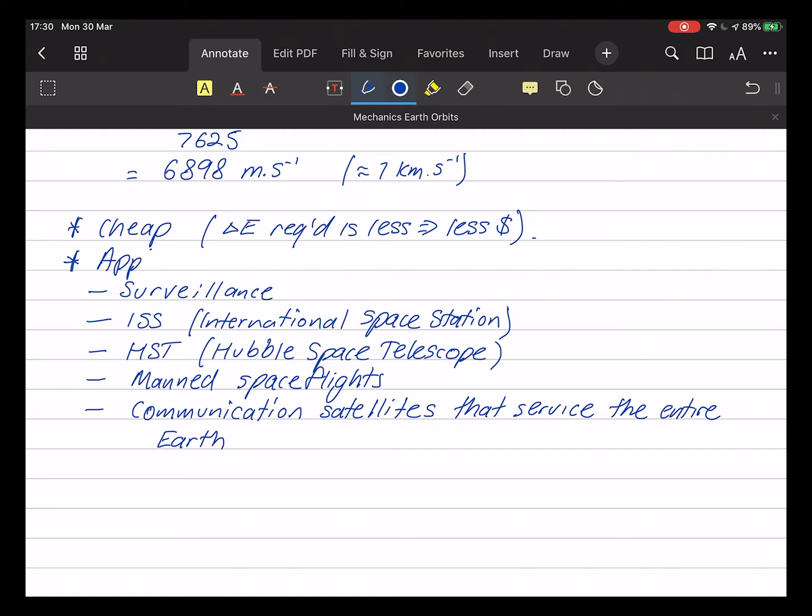So these are all applications. What's bad about it? Well, you're still within the upper atmosphere of the planet. The Earth's atmosphere does peter out quite quickly, but it's decreasing exponentially, and so its drag effects go on for quite some distance.